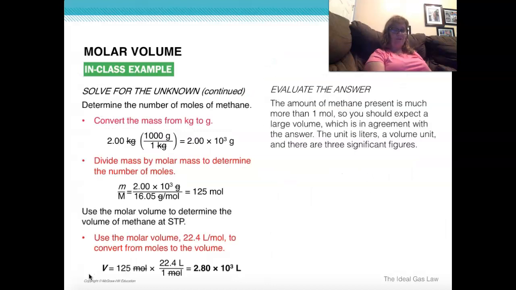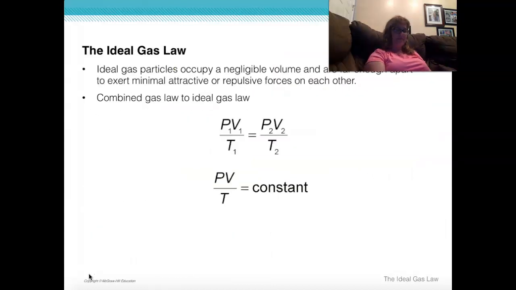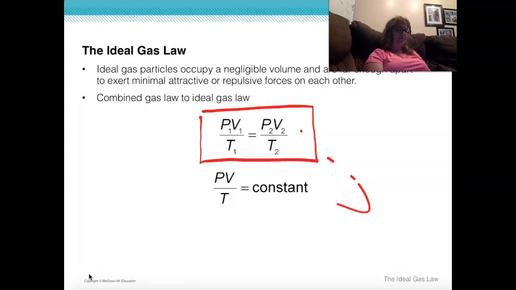I'm running the PowerPoint from my iPad, so it's a little different. Okay, well, if you look here, this PV over T, you should recognize from yesterday's lab. This is the combined gas law. All right, this is where we combined all 3 of our general gas laws.